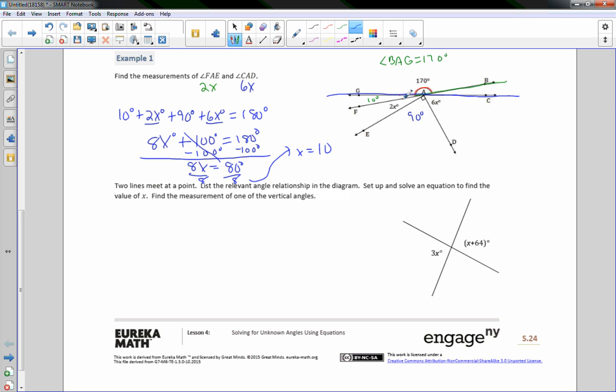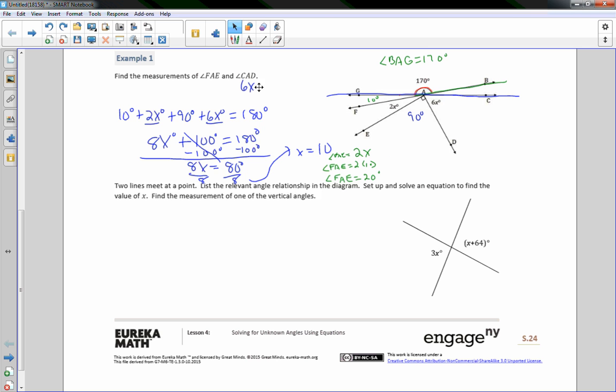Okay, so if FAE is 2x, and x is 10, then we have 2 times 10. This is angle FAE. Angle FAE equals 2 times 10. Angle FAE equals 20 degrees.